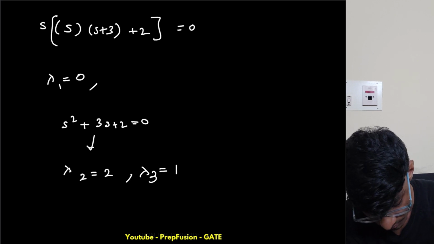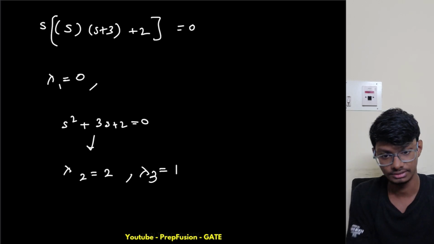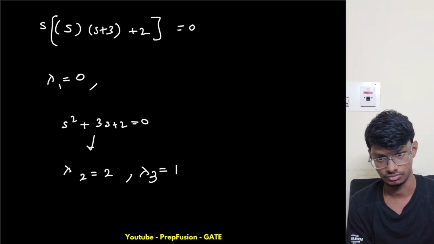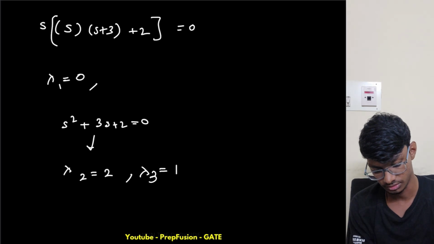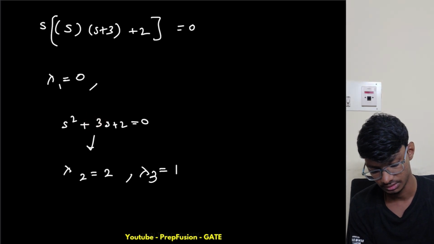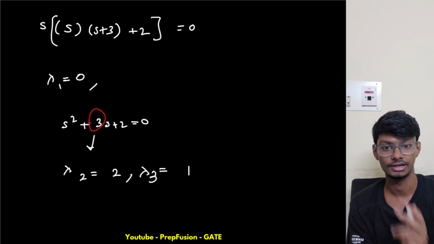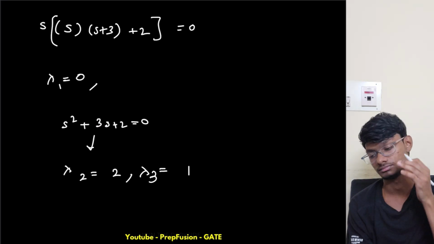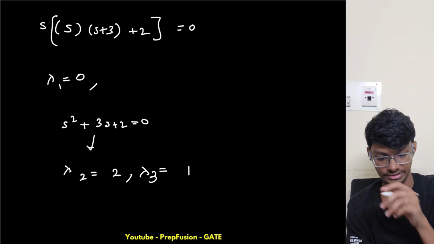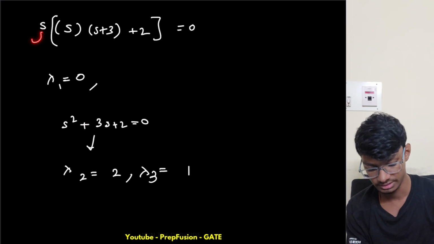Okay, so I think they are minus 2 and minus 1, because the sum will be negative of this, right? I hope you remember the form. Here what form comes? It is the negation of the sum of the eigenvalues, as there is an S cube also.